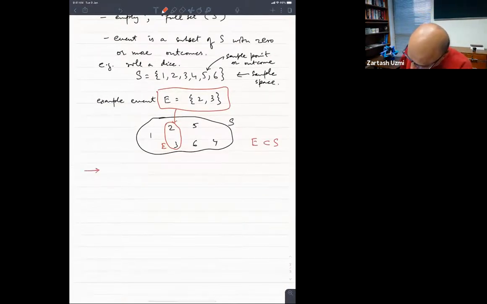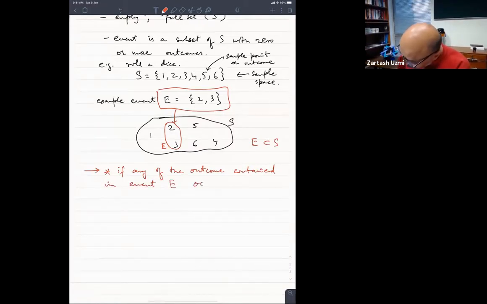ठीक है? I'm also going to note here is if any of the outcome contained in event E occurs, हमें पता है कि एक ना एक outcome तो आनी है, हो सकता है वो E में हो, हो सकता है वो E में ना हो.